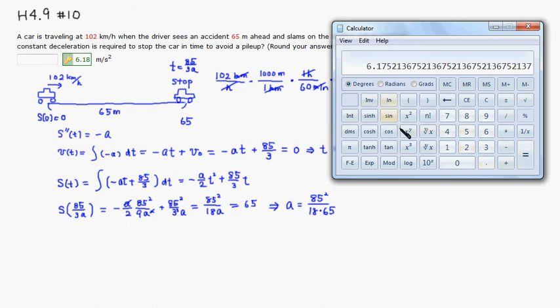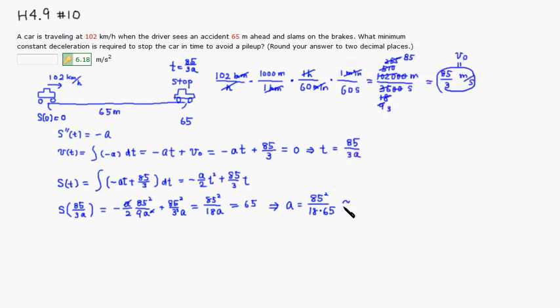So it came out to be about 6.18. So this is going to be about 6.18 meters per second squared, right? Which is the answer right here. All right, that's it. I hope that this was clear.